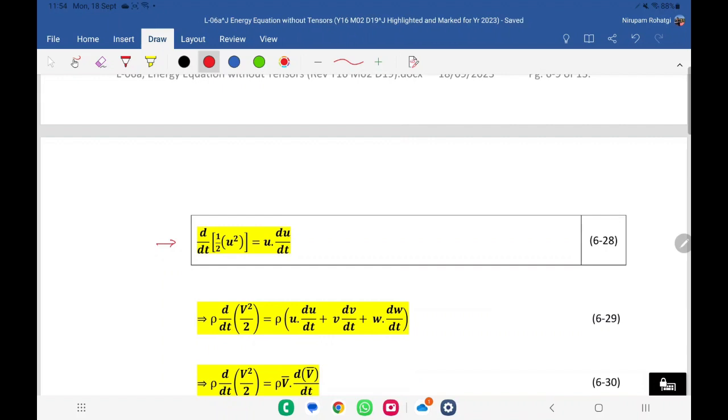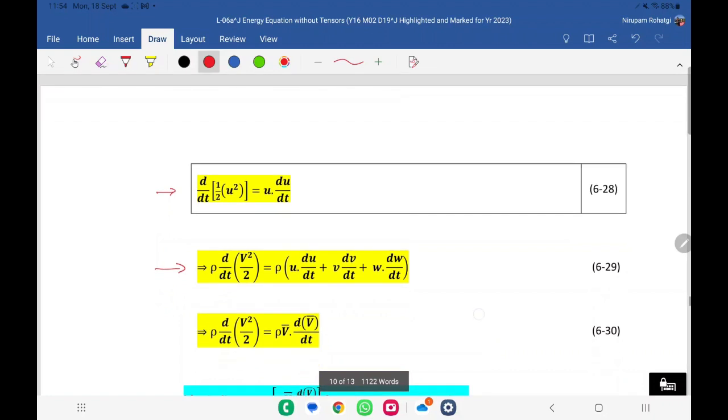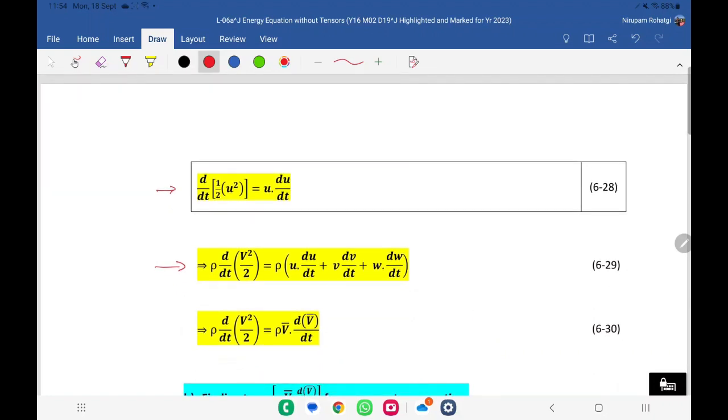So what do you get? That this is nothing but equal to this. And then you can write it like this. So both left and right are the same. No physics, simple mathematics.